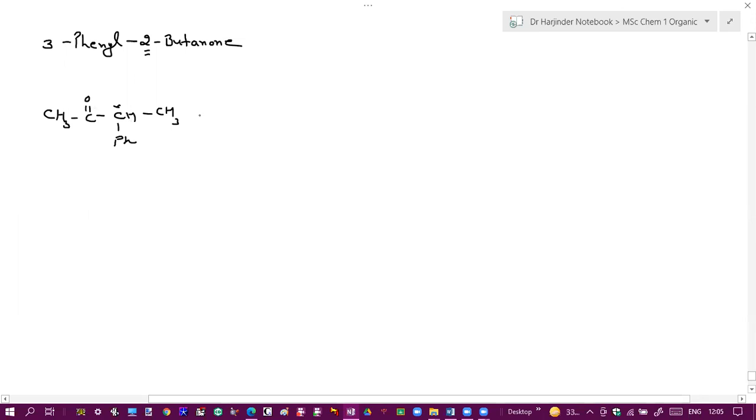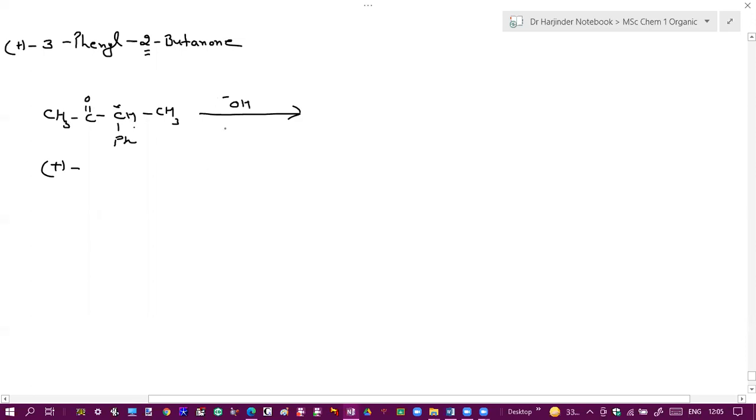Suppose you start with one pure enantiomer of plus 3-phenyl 2-butanone and treat it with base, hydroxide. What will the base do?